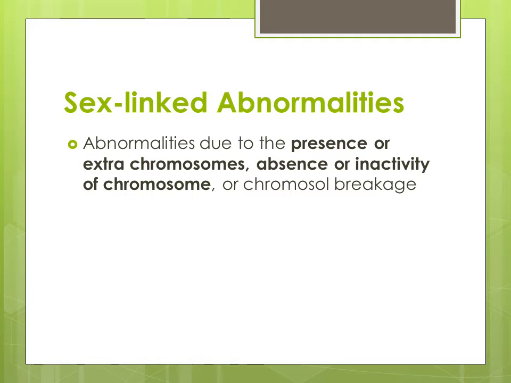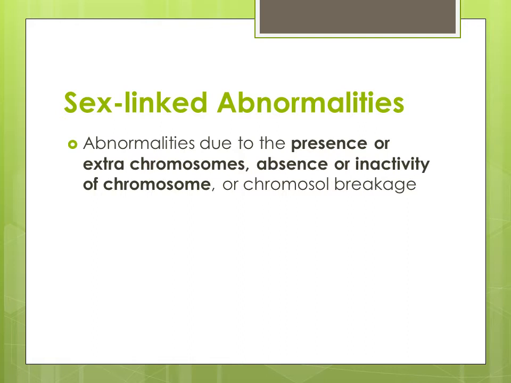So these are abnormalities due to the presence of an extra chromosome or absence, or the chromosome is not active at all. Again, we have 46 chromosomes. So these sex-linked abnormalities may be due to lack of chromosomes or extra chromosomes.